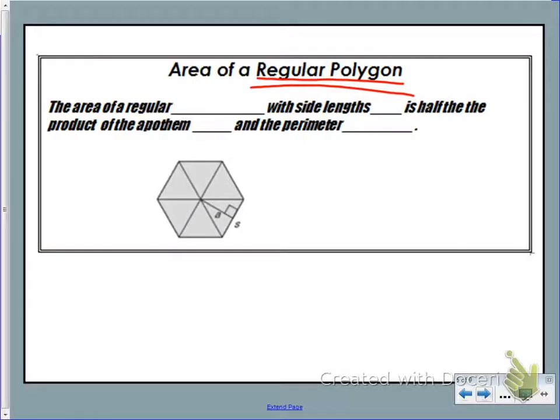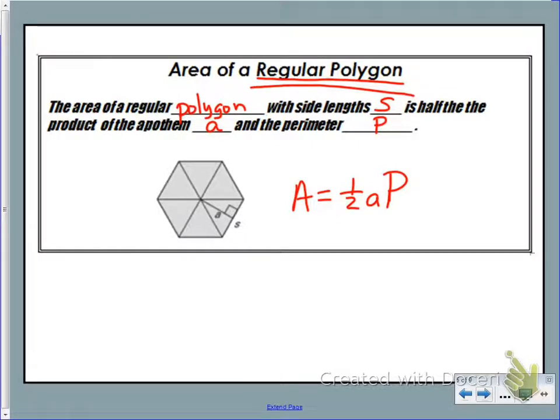It states that the area of a regular polygon with side lengths S is half the product of the apothem, A, and the perimeter, which is capital P. So we would write that formula as the area of a regular figure equals 1/2 apothem times perimeter.